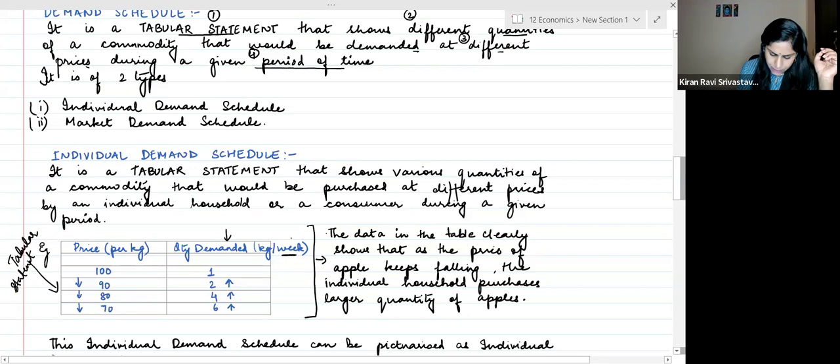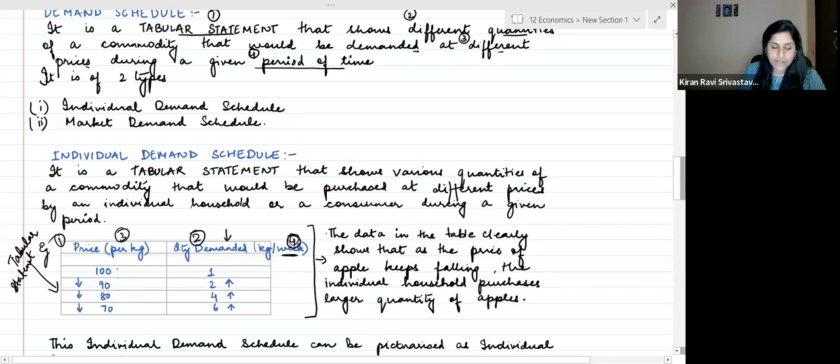So first is the tabular statement. Second is different quantities demanded at different prices at a given time period. And B here is the time period. Now we can understand what is demand schedule.